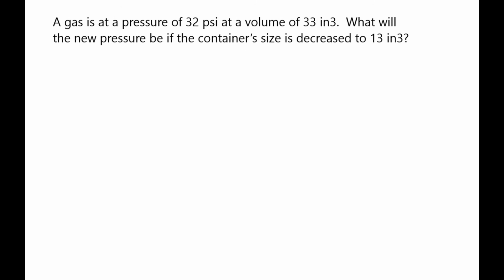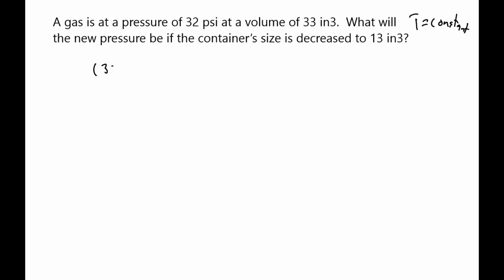Alright, this time we have a gas at a pressure of 32 psi at a volume of 33 inches cubed. What will the new pressure be if the container size is decreased to 13 inches cubed? So again, temperature should be constant on this one. So T is equal to constant. Alright, so we use pressure 1 times volume 1 equals pressure 2 times volume 2.